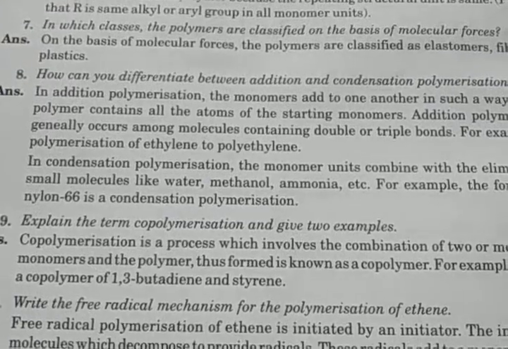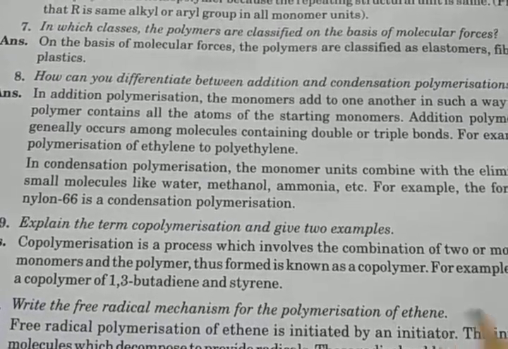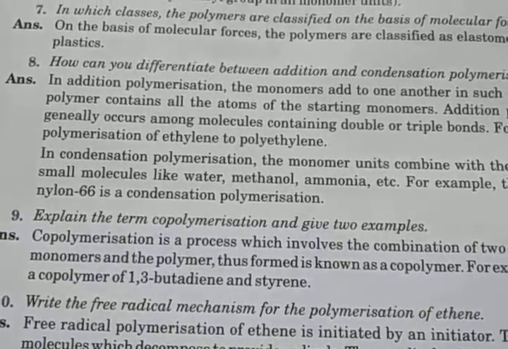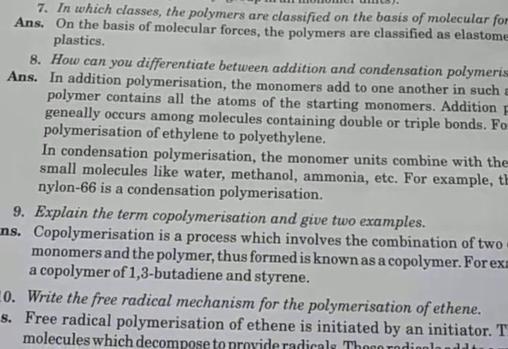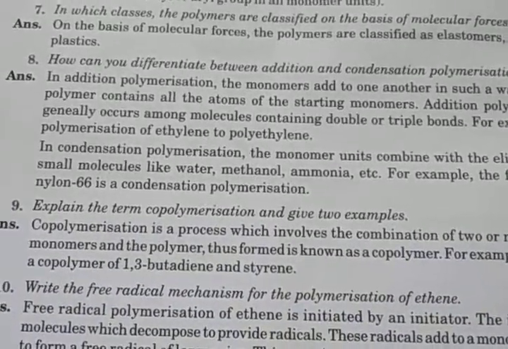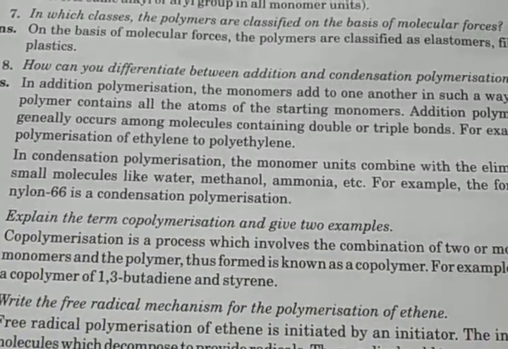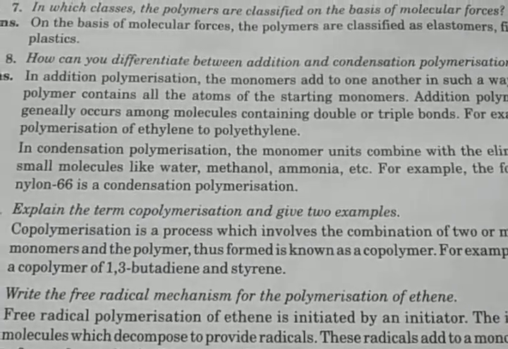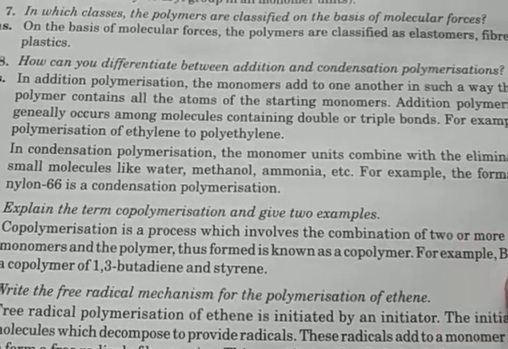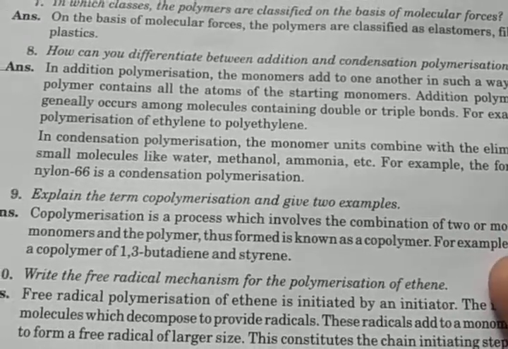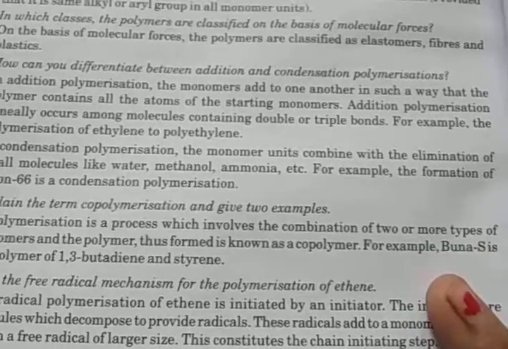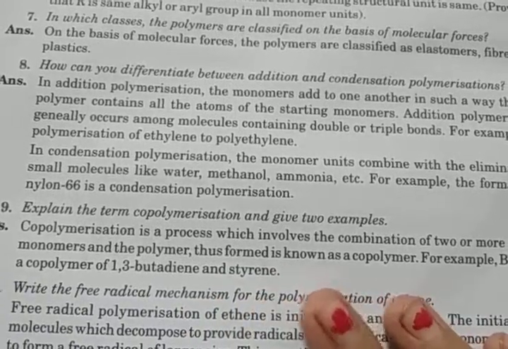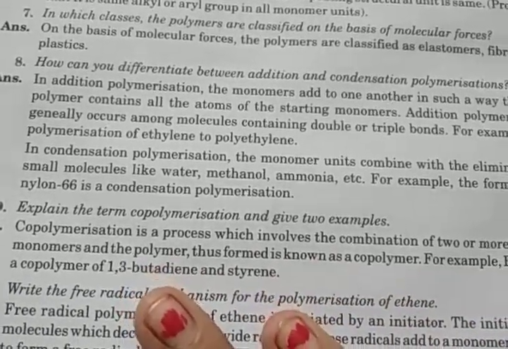Question number 9. Explain the term copolymerization and give 2 examples. Copolymerization is a process which involves the combination of 2 or more types of monomers, and the polymer so formed is known as a copolymer. Example, Buna-S, a copolymer of 1,3-butadiene and styrene.